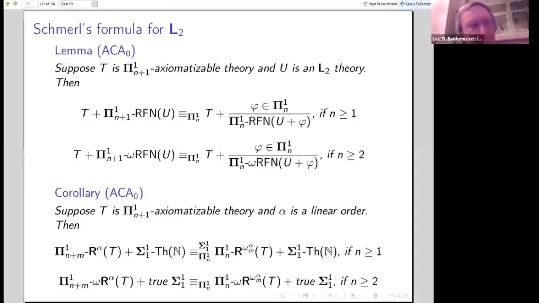But here the question is different, because I think the right calculus for this case should be the calculus where we have this alpha time iteration. What we really need is a relativization of reflection calculus to ordinals, so we need ordinal parameters in reflection calculus, and then it will make sense.